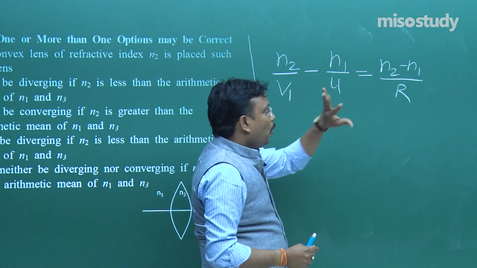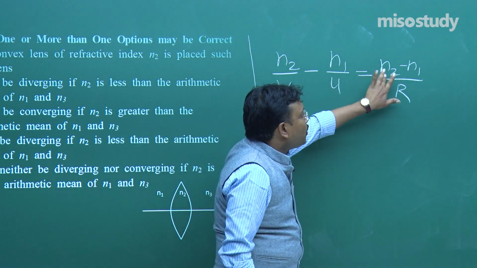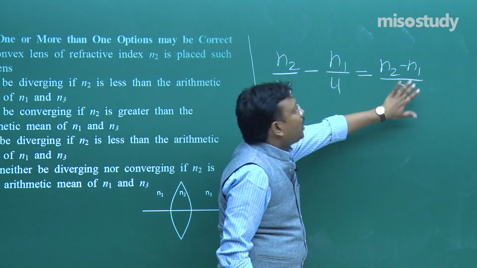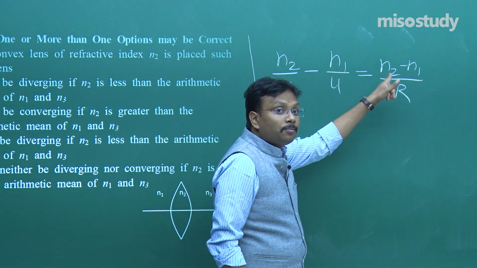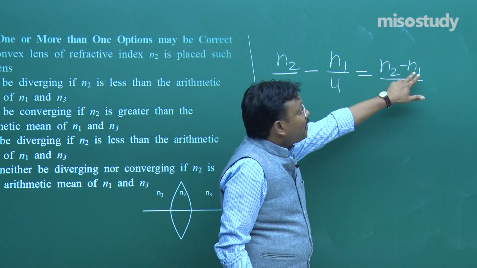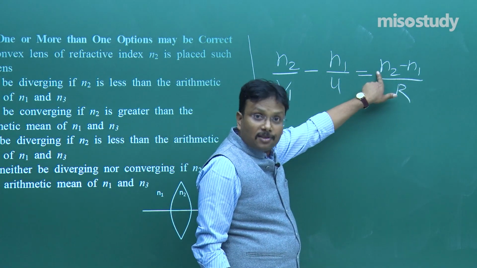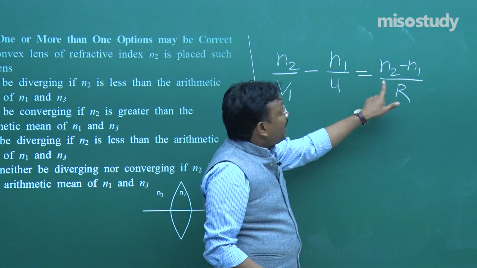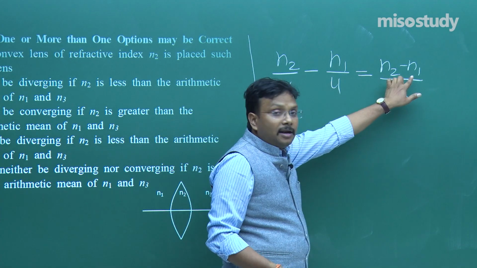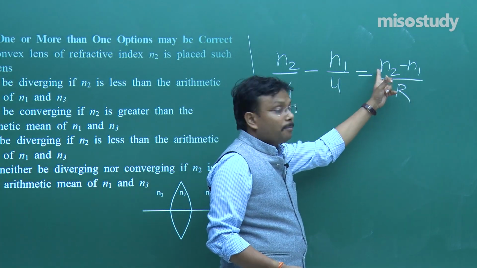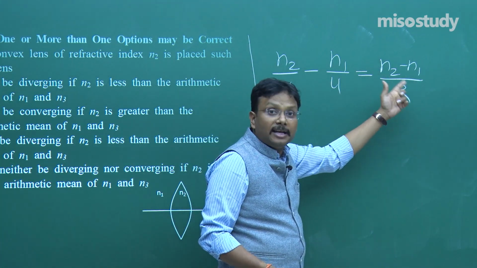The problem is we don't know whether N2 is more than N1 or N1 is more than N2. If N1 is more than N2, minus sign, and the nature is changing. If N2 is more than N1, positive sign, and accordingly the nature is changing.